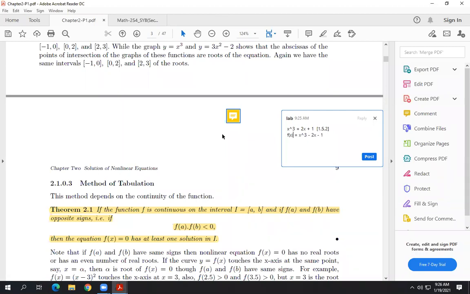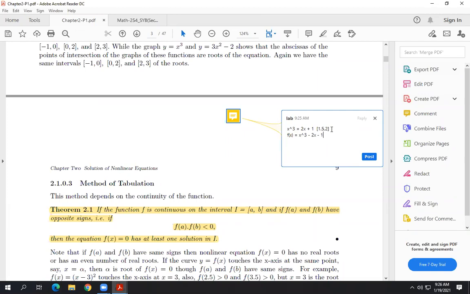After having the function, you can easily say whether it is continuous or not. You remember this is a polynomial, and we know a polynomial function is always continuous. Now, what is your job?